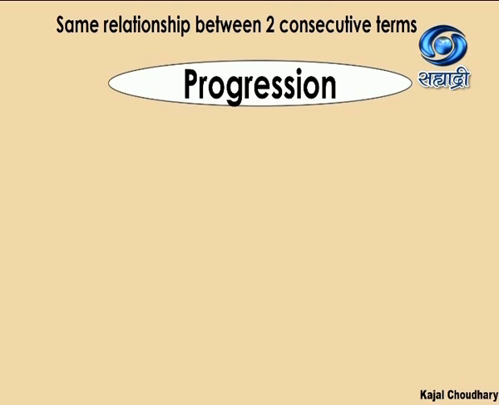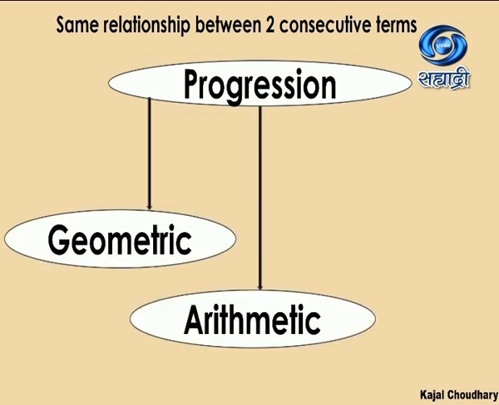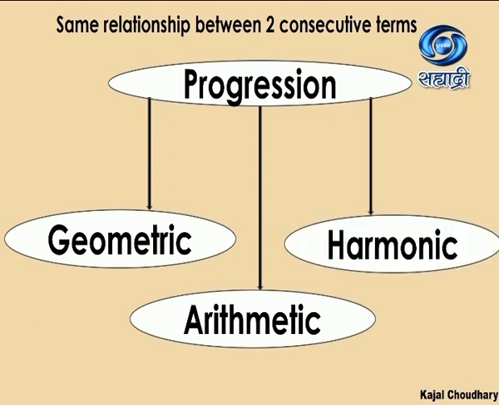Now progression is basically of three types: geometric progression, arithmetic progression, and harmonic progression. And this lesson is all about arithmetic progression. That means we first have to identify what kind of relationship defines an arithmetic progression out of a particular sequence.